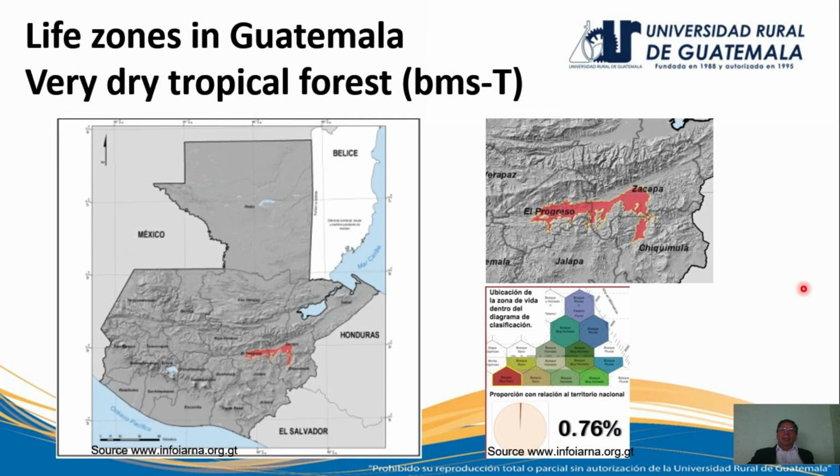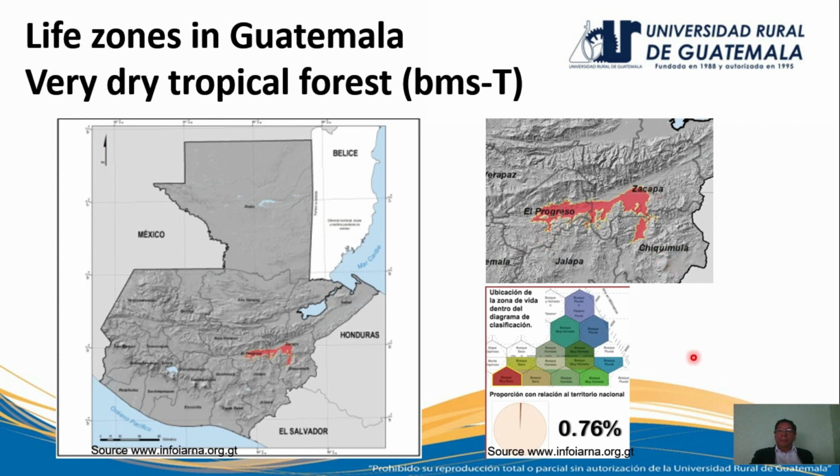Here we have the very dry tropical forest mapped, and you can see that this is a small area here, and we can zoom into this little area that covers the departments of El Progreso, Zacapa, and Chiquimula.